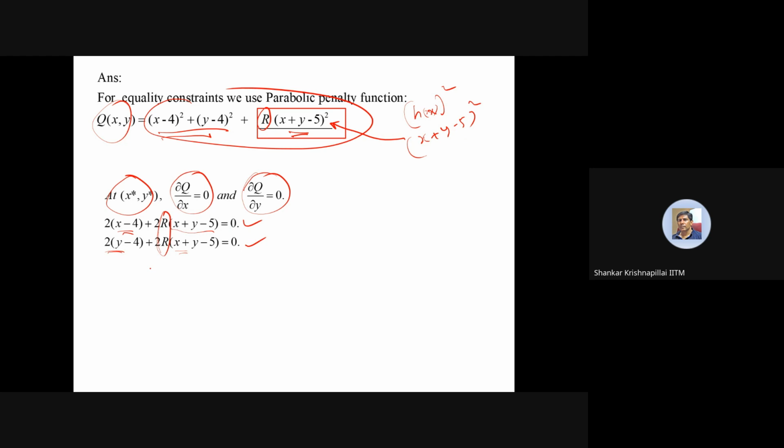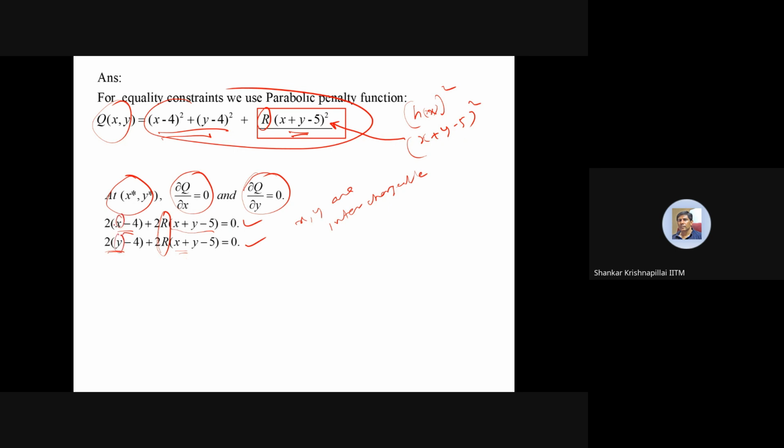To find the value of R, actually you need three equations, because three unknowns are there: x is unknown, y is unknown, R is unknown. But if you look at these two equations for this particular worked example, you can see that x and y are interchangeable. The equations are symmetric in x and y.